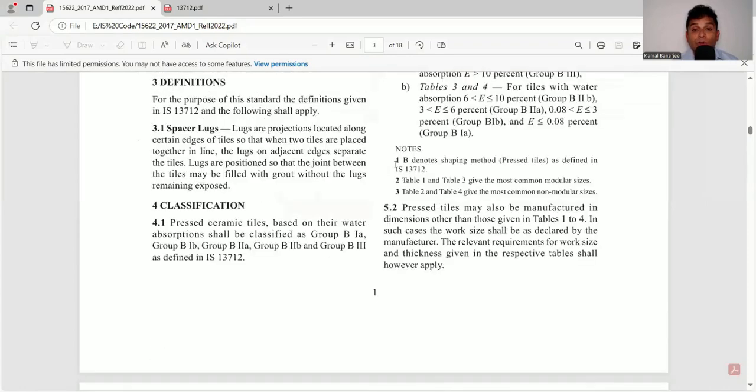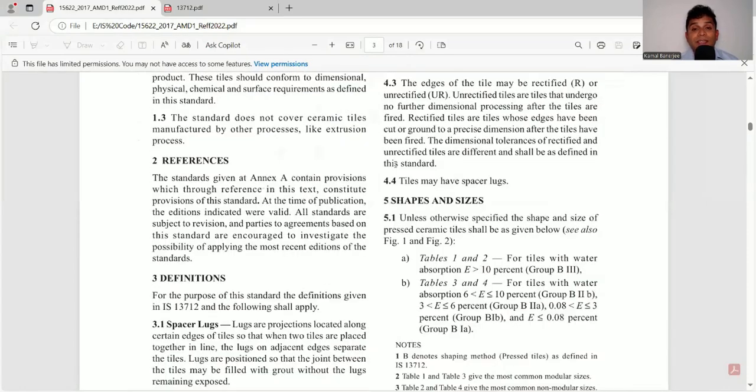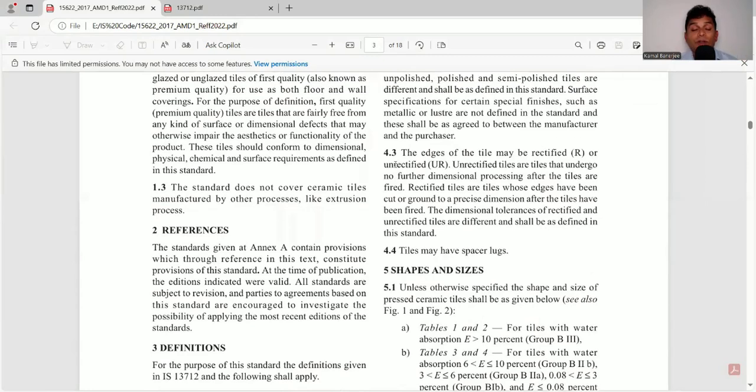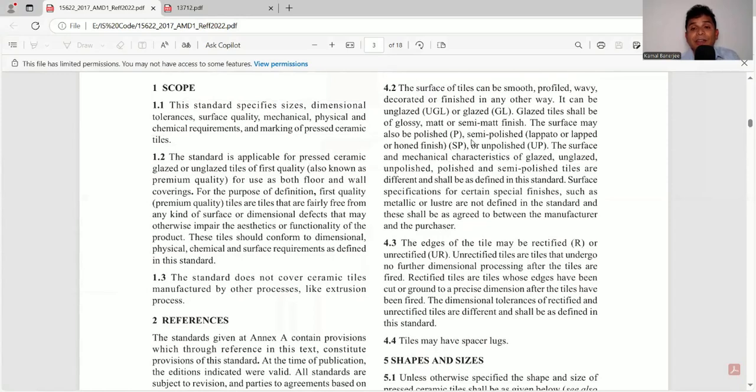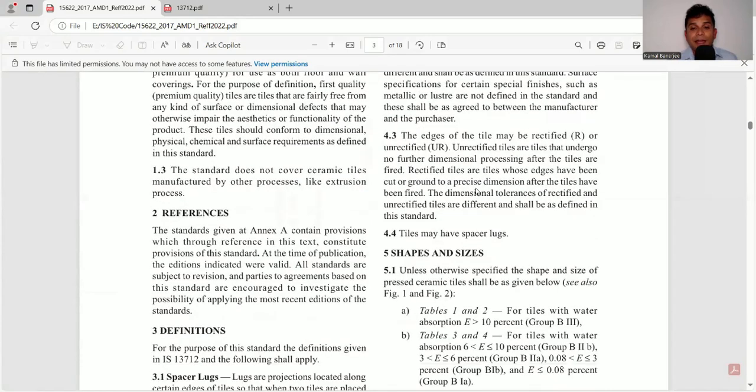Yes, of course it is given in this code, 15622, but before that we need to understand some other categories also. In 4.2 it says the surface can be smooth, profiled, wavy, decorated or finished in any other way. It can be unglazed, polished, semi-polished, unpolished. So according to the project requirement, that can vary. Another thing we need to know is rectified or unrectified.